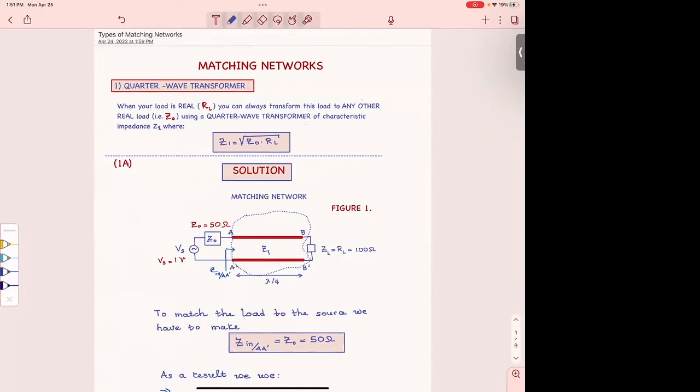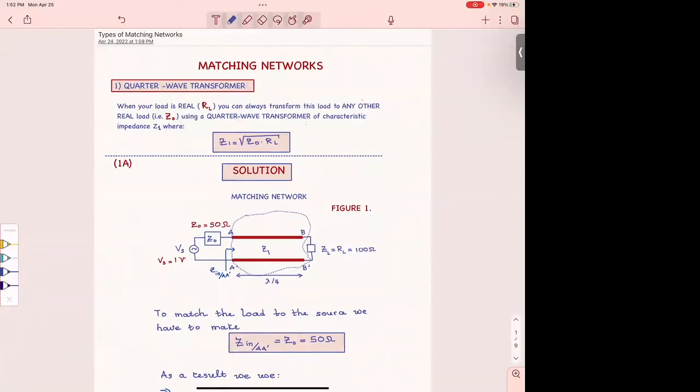If you want to match this real load to a source, as we discussed about how you get the maximum real power out of the source, then you have to match your load to the real internal impedance of the source.